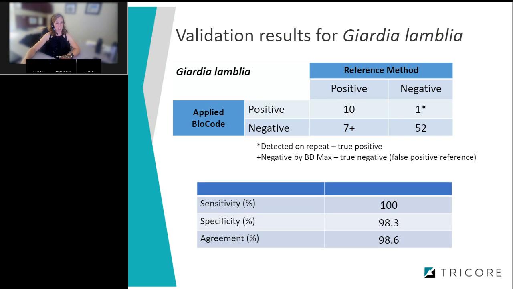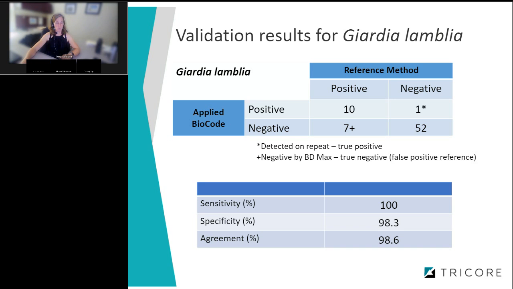Our results for Giardia were a little bit different. We saw quite a few positives for Giardia during this time period, but then many that tested positive by our EIA and were negative by the BioCode. Subsequent testing on the BD Max showed these to be true negatives, and we concluded that it was a false positive on our reference method.